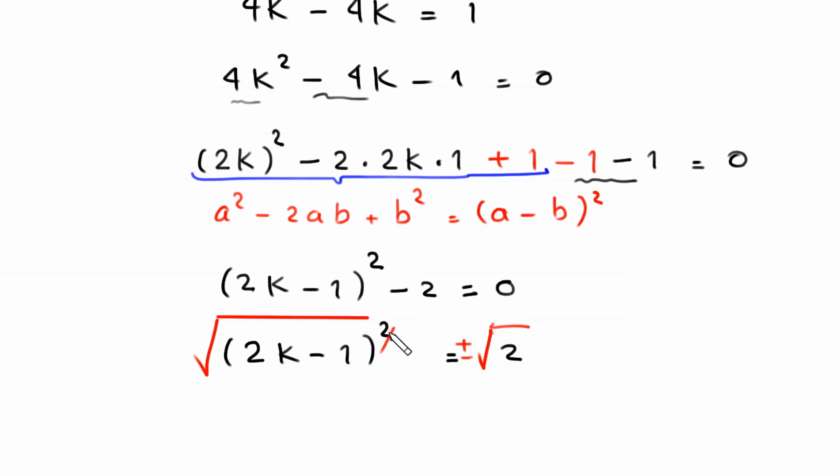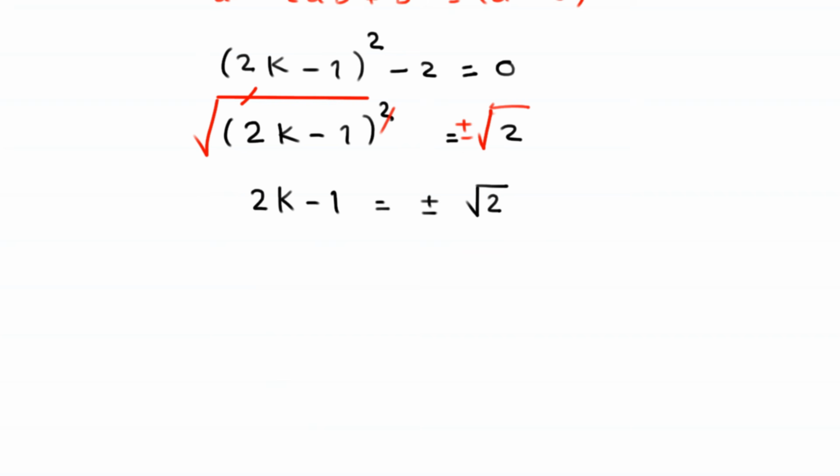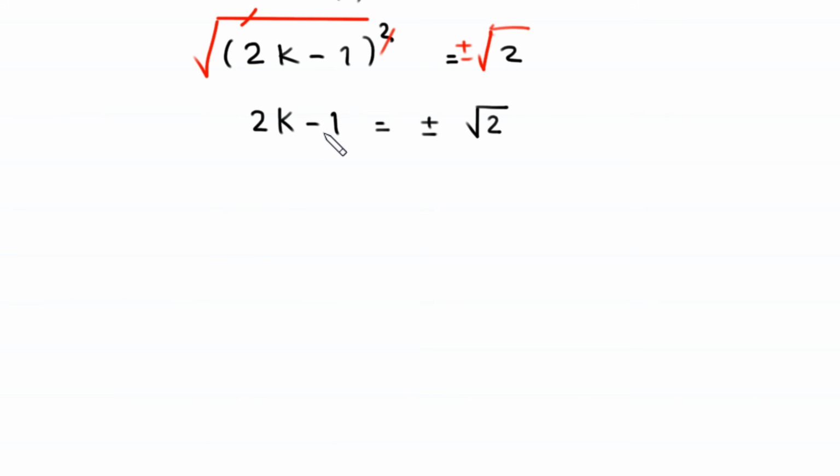So this square will be cancelled out with this square root, and we are left with 2 times k minus 1 equal to plus minus root 2. Move this negative 1 to the right hand side. This will become k is equal to 1 plus minus root 2 divided by 2.